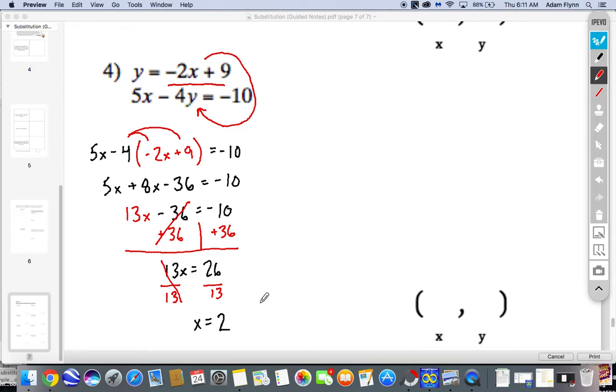So because we know what our x coordinate is going to be, we can go up here and plug 2 in for x in either the top or bottom equation. I'm going to do the top because the y is already isolated. I'm not going to have to move things around like I would with the bottom equation.